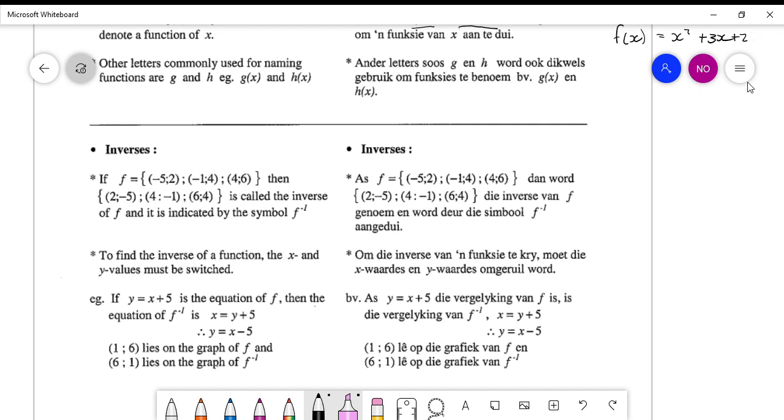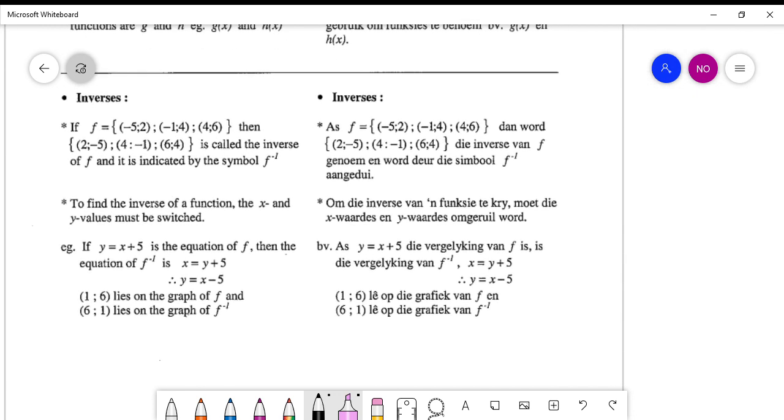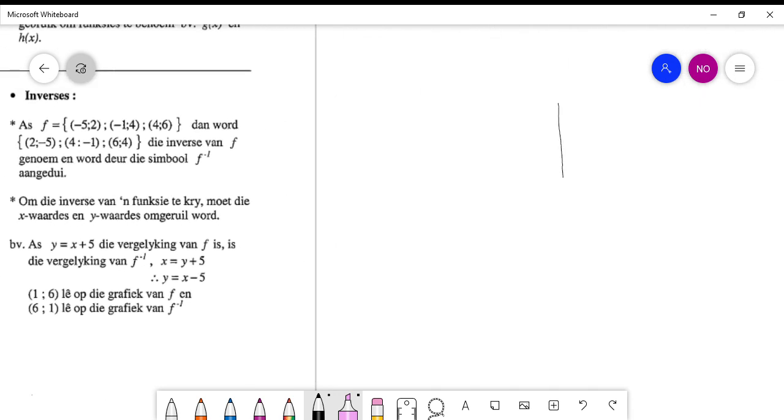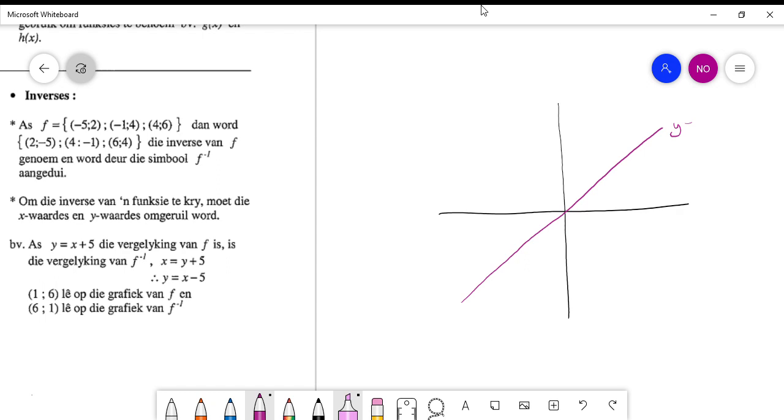So in grade 12, we do inverse functions. And what an inverse function is graphically, when you look at it, is a reflection of a graph in the line y is equal to x.